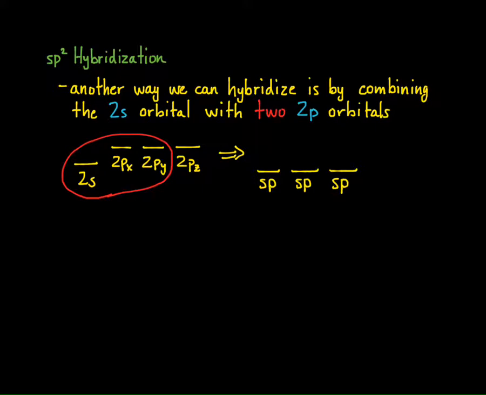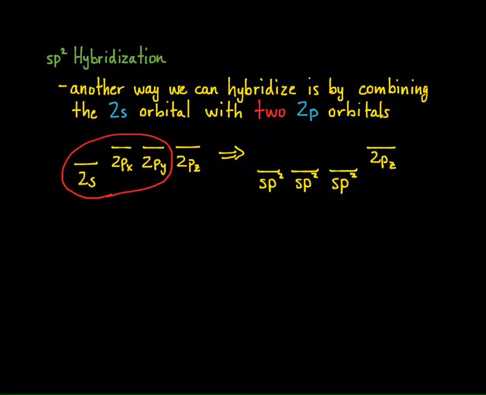And those orbitals are sp2 orbitals, right? So draw those in there, 2 and 2 and 2, right? Now we have sp2 orbitals, and we have one remaining pz orbital, right?